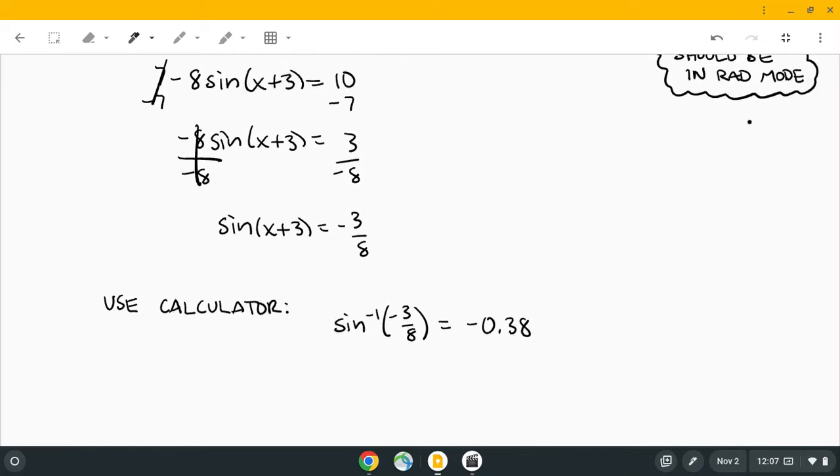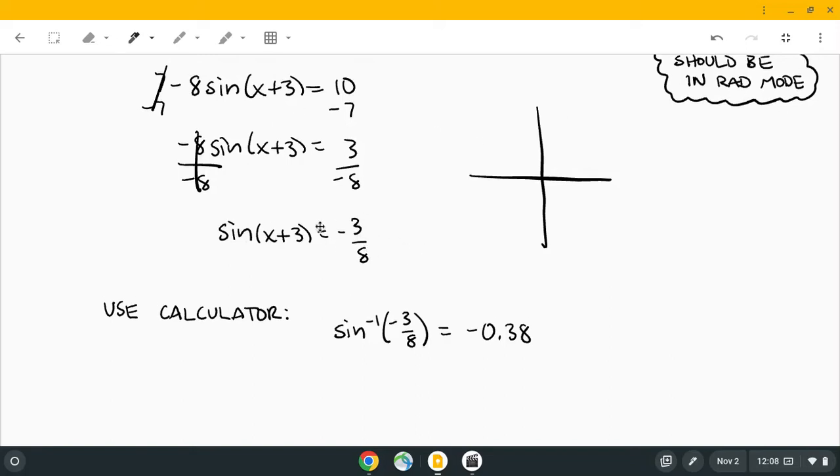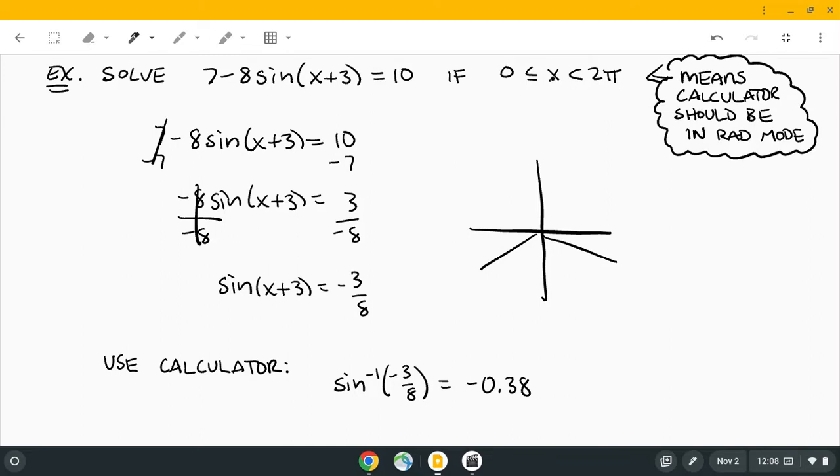Let's draw our quadrants. I want to know where the sine is negative 3/8. That means we're going to be somewhere in here and in here. And don't forget this restriction. We are from 0 to 2 pi, so the smallest our angle can be is 0.